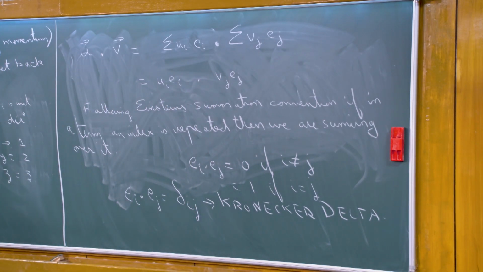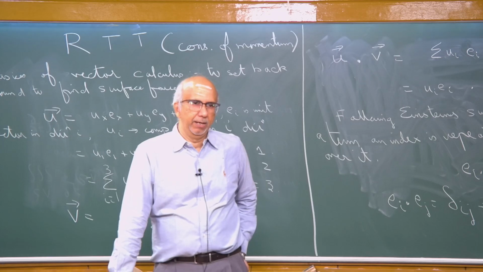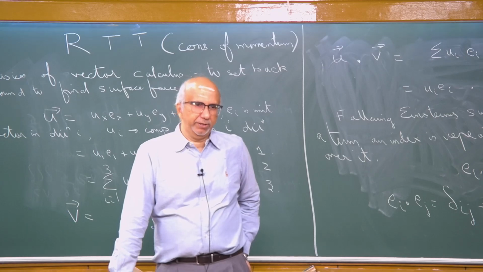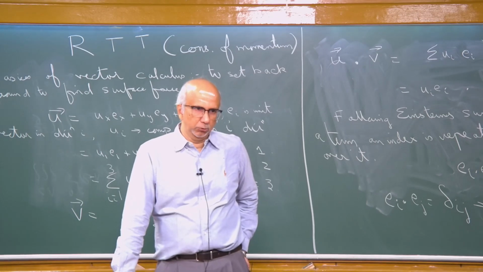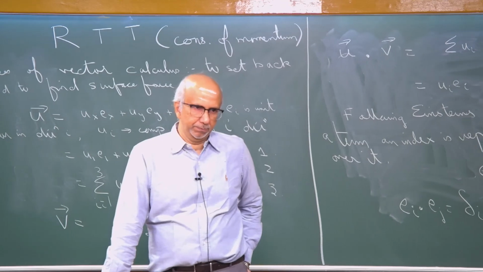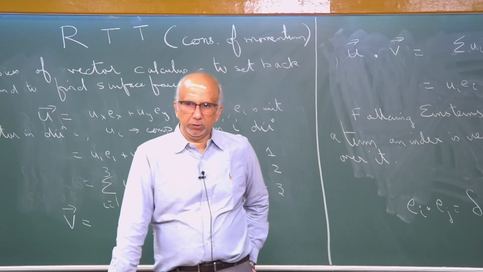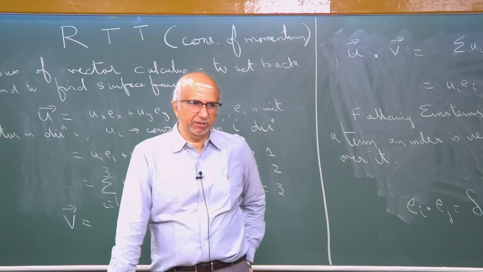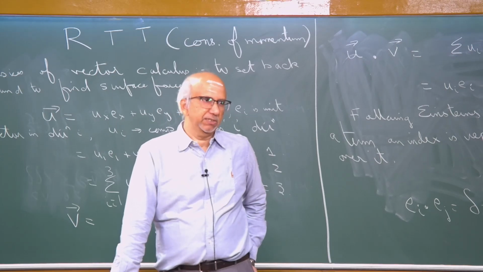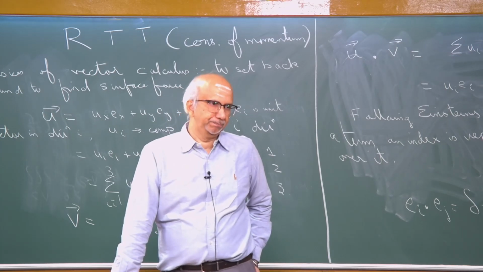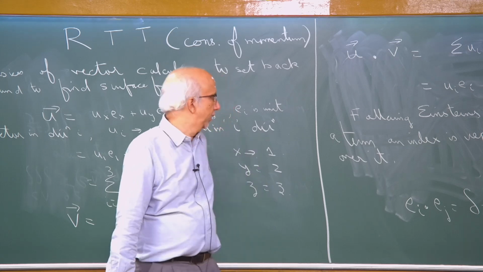So this is the Kronecker delta function, okay. Kronecker delta function is nothing but delta ij. It is equal to 0 if i is not equal to j and is equal to 1 if i equals j. That is the definition of Kronecker delta. So I am just saying ei dot ej is delta ij, okay.